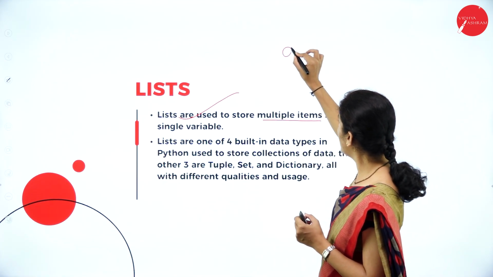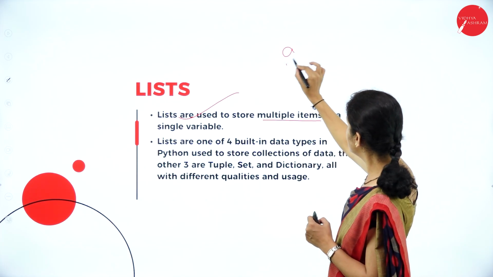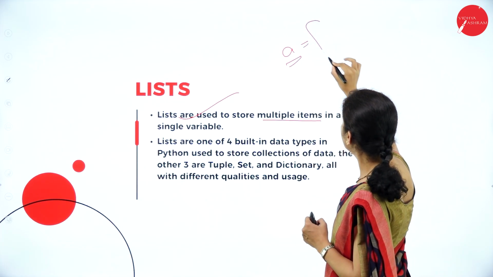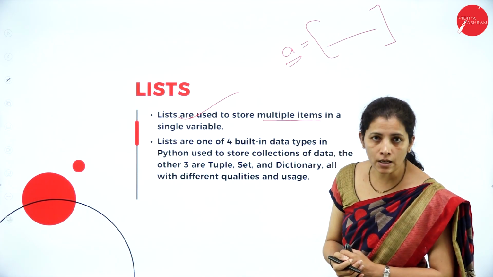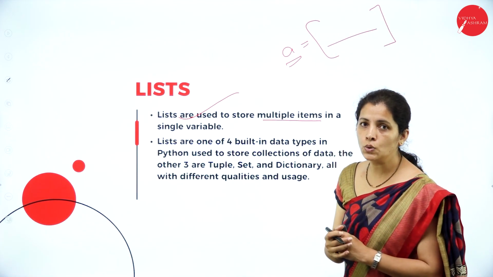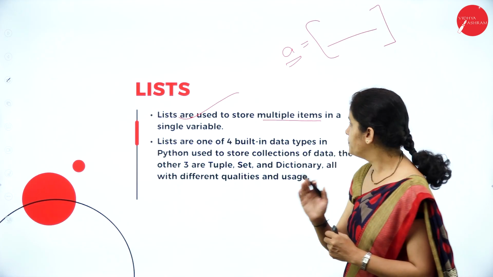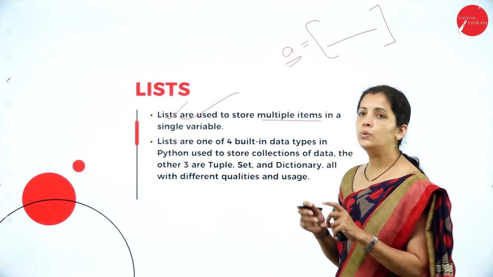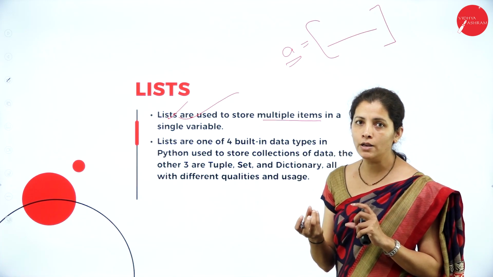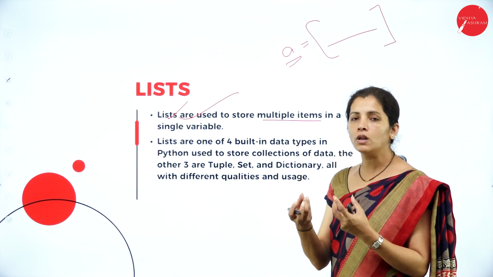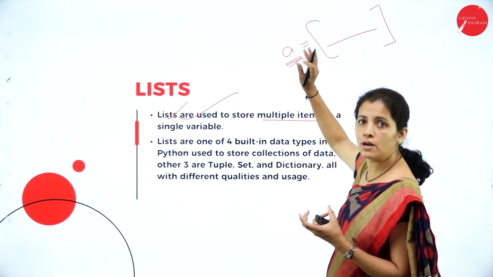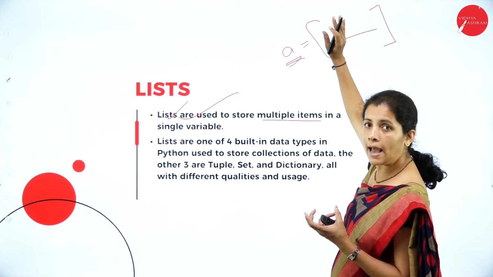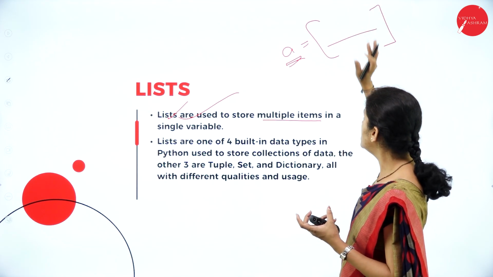For example, A. So I have a single variable, and inside this, if I'm going to have multiple values, then it is known as a list. So lists are used to store multiple values. What is multiple values? More than one value at a time. So a single variable holds more than one value at a time.